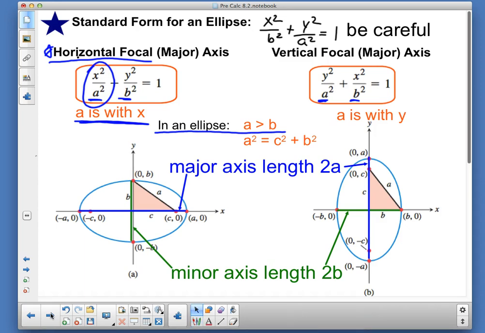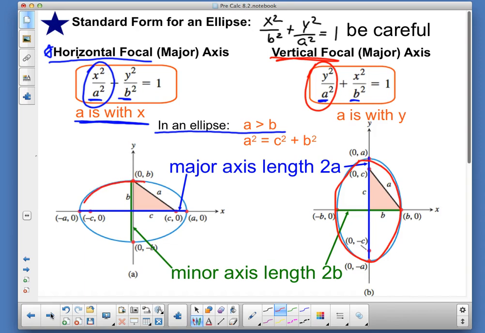When I'm talking about the vertical axis, the largest number is with y. Okay, the y-axis is up and down. So it's going to look like this if the major axis is up and down. It's going to look like this, left and right, because the x-axis is the major axis, because x is with a, the larger of the two values underneath here.